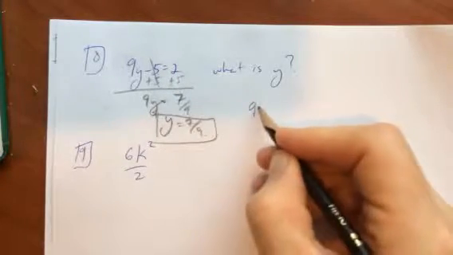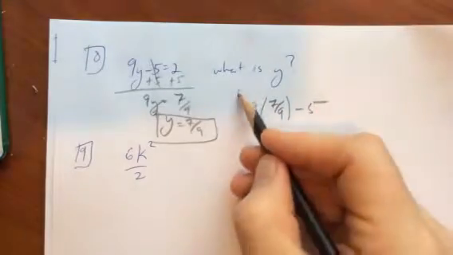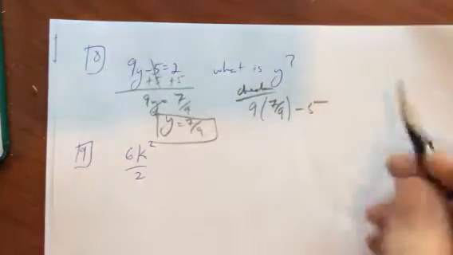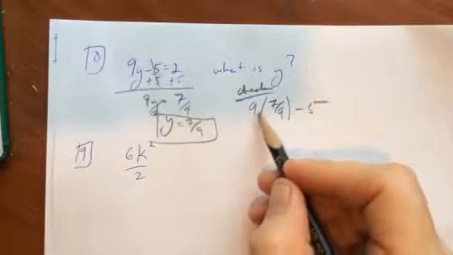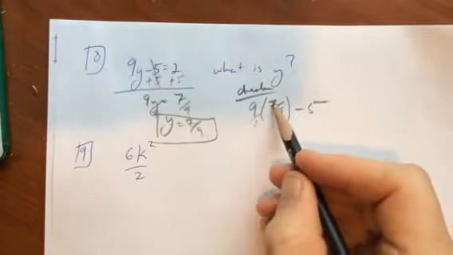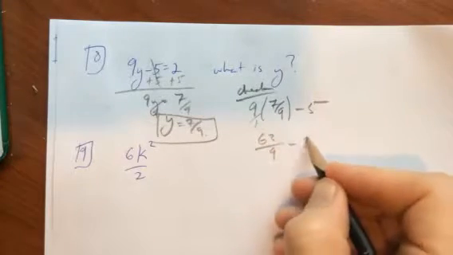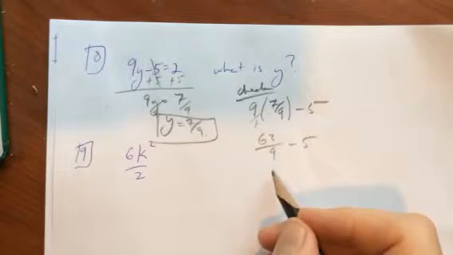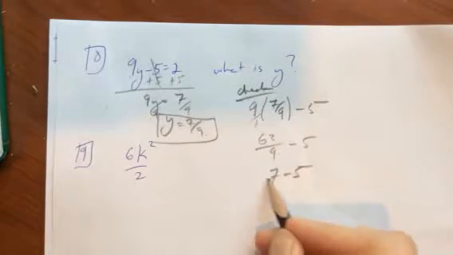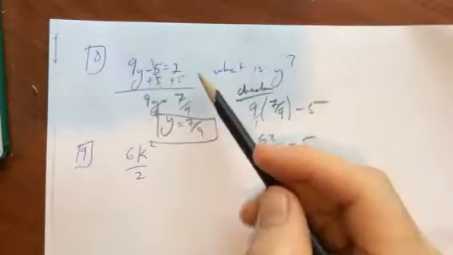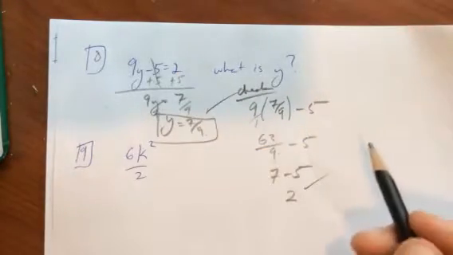This could be like a check. 9 times 7/9, that's like 9 divided by 1. So it's 9 times 7 is 63, 1 times 9 is 9. 63/9 is like 63 divided by 9, which is 7. 7 minus 5 is 2, which matches here. So the check works, and this is the answer.